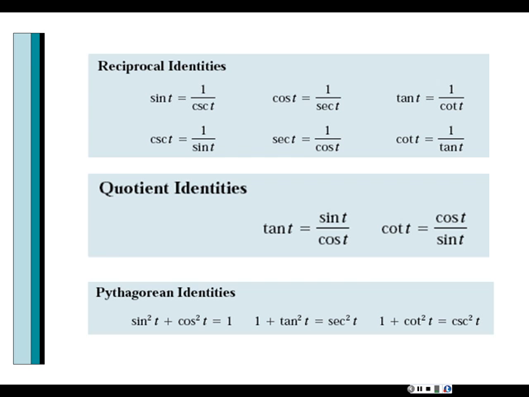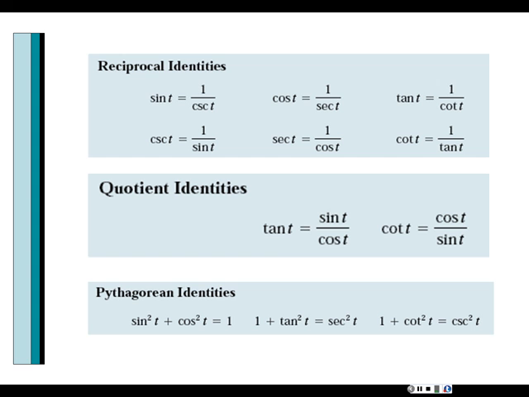Sine and cosec are reciprocals. Cos and sec are reciprocal to each other. Tangent and cot are reciprocal to each other. And we already applied this, but the quotient identities: for tangent, sine over cos. For cot, it's the reverse one, it's just the ratio flipped.